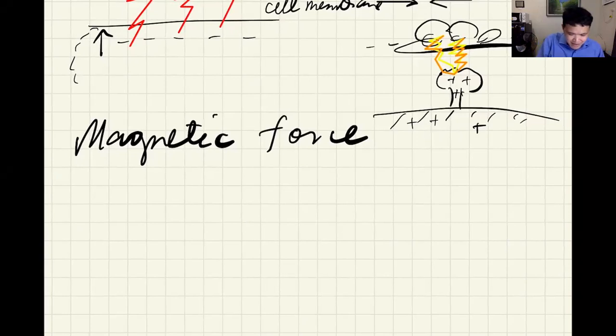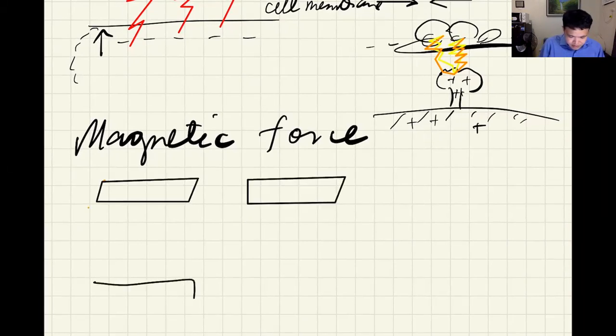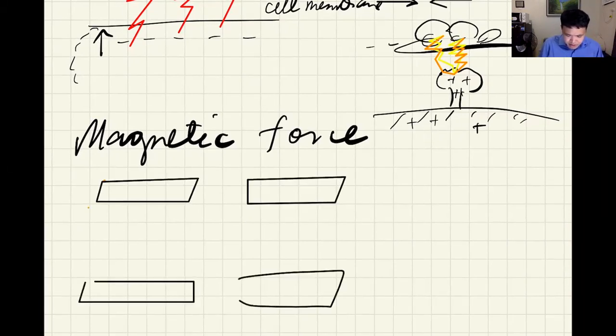So let's say you have, let me draw it, a bar magnet here, another bar magnet here, and let's say this is the North Pole, and then South Pole, and then South Pole of the bar magnet. What will happen? Are they going to be attracted or repelled by each other?